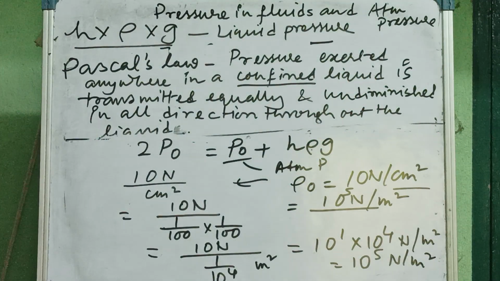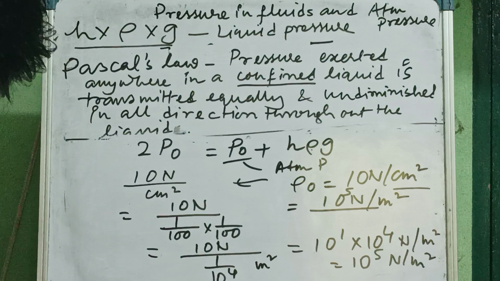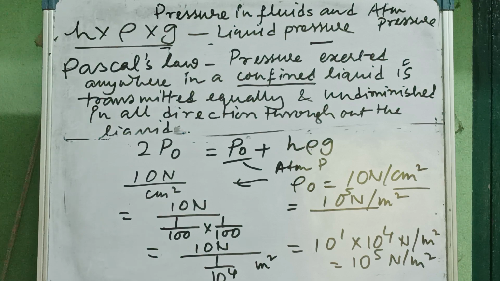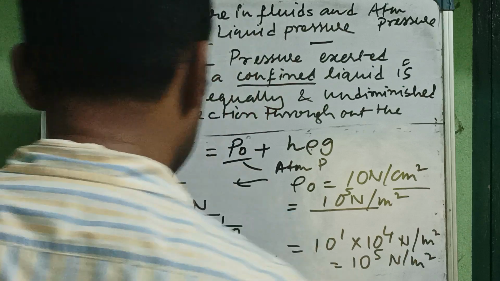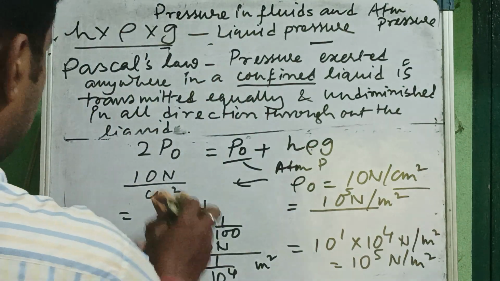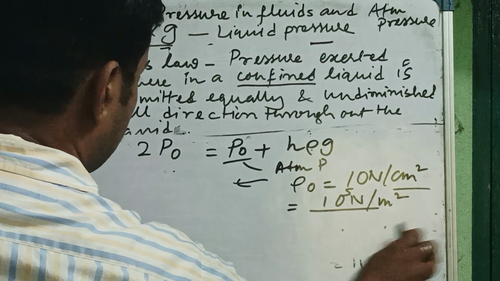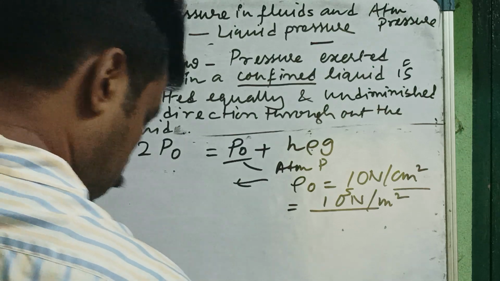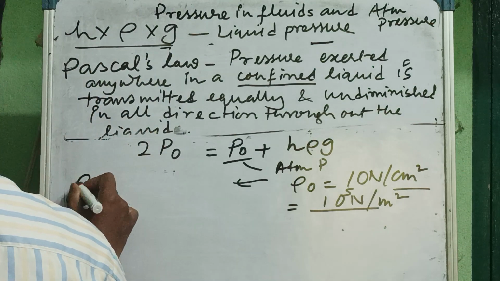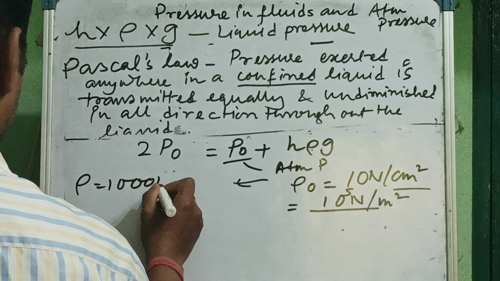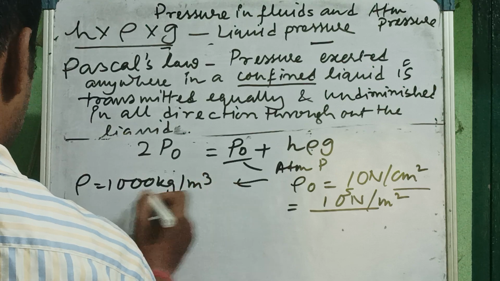Okay. I also calculate this to clear your views. Now, density is 1000 kg per meter cube. This is also an SI unit.